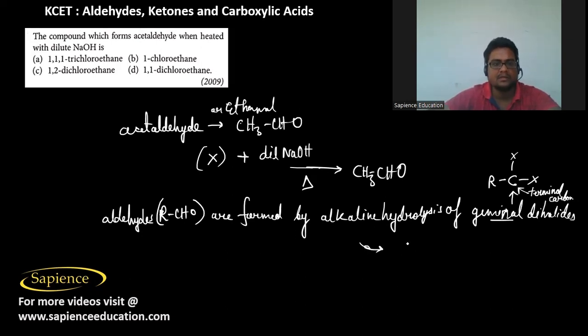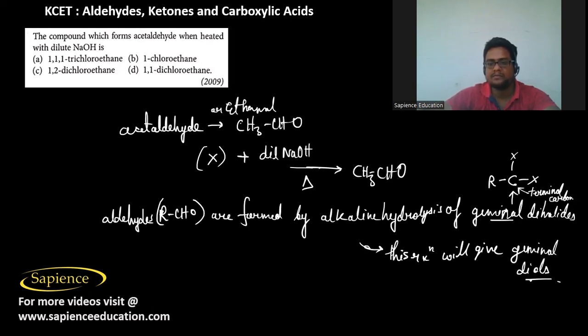Then this reaction will give geminal diols. It means that these two halogens will be replaced by OH groups.